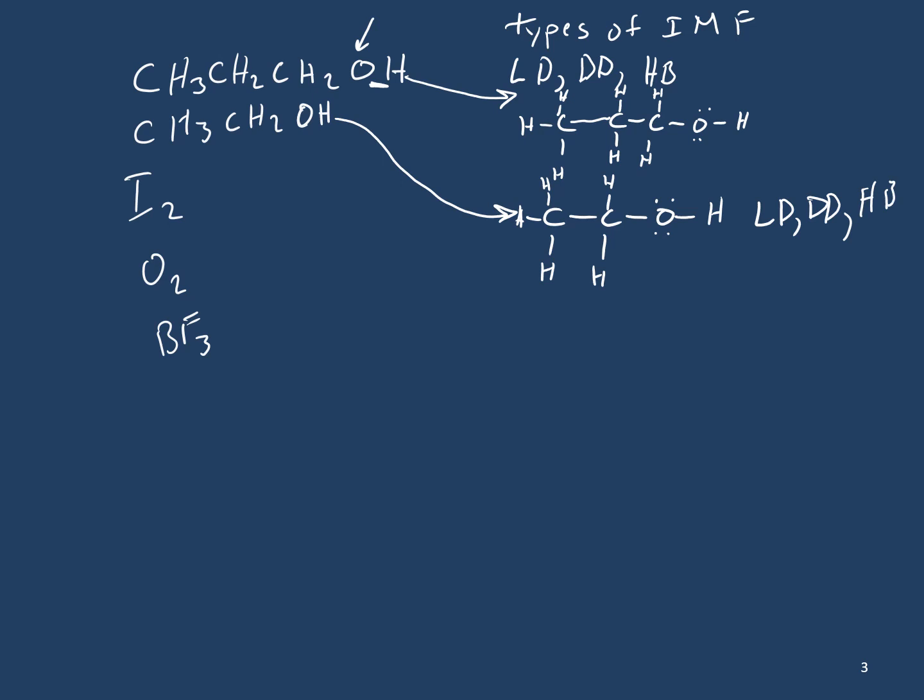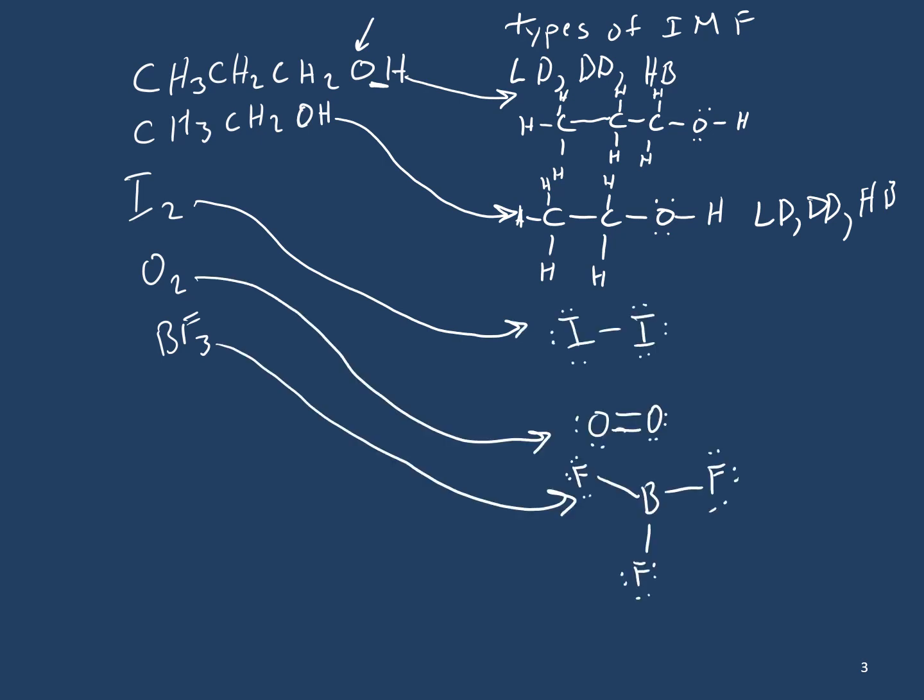Okay, so now if we look at the other ones, we can draw their Lewis structures as well. And now that we have those Lewis structures drawn, we can see that since I2 is a nonpolar molecule, it's only really going to have London dispersion, and that's it. Oxygen is also a nonpolar molecule, O2, because we have no electronegativity difference between the two elements, so it's just going to have London dispersion.